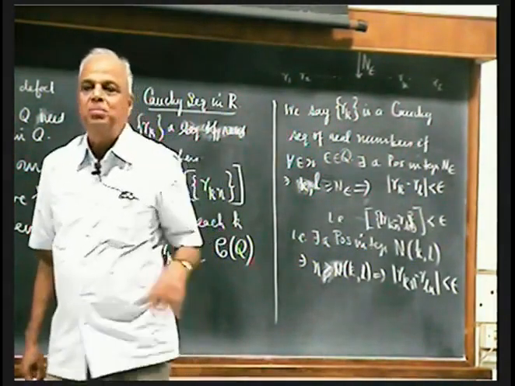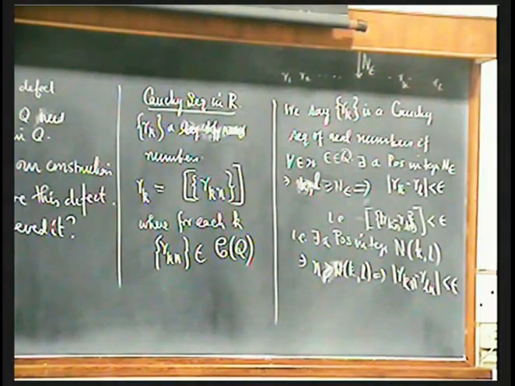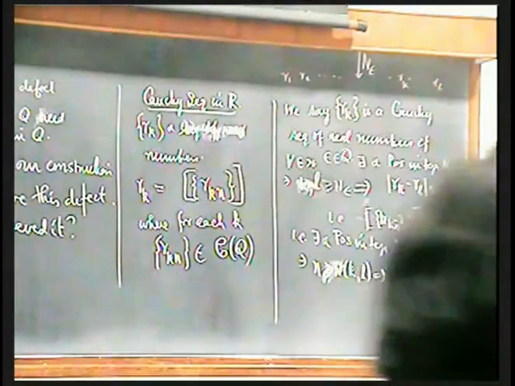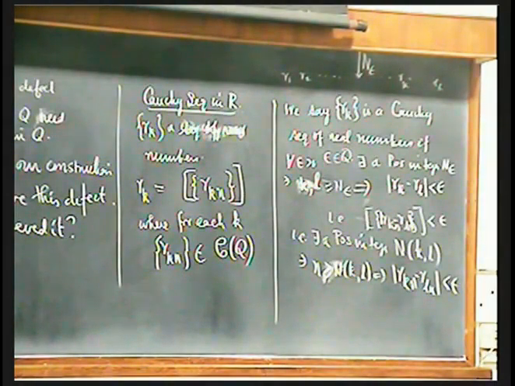So let me rewrite that definition. Given any epsilon rational number, first of all there is a positive integer that depends on that rational number, and such that if you choose a k and l beyond that positive integer, there is another positive integer which depends on that k and l, such that beyond that stage Rkn minus Rln will be less than epsilon.